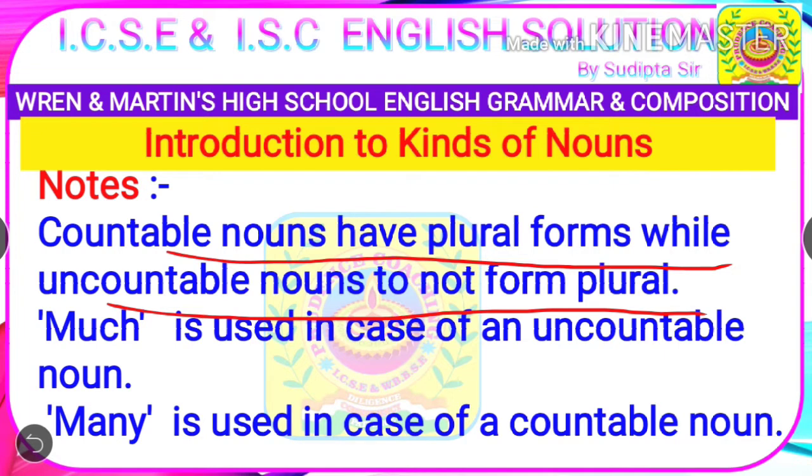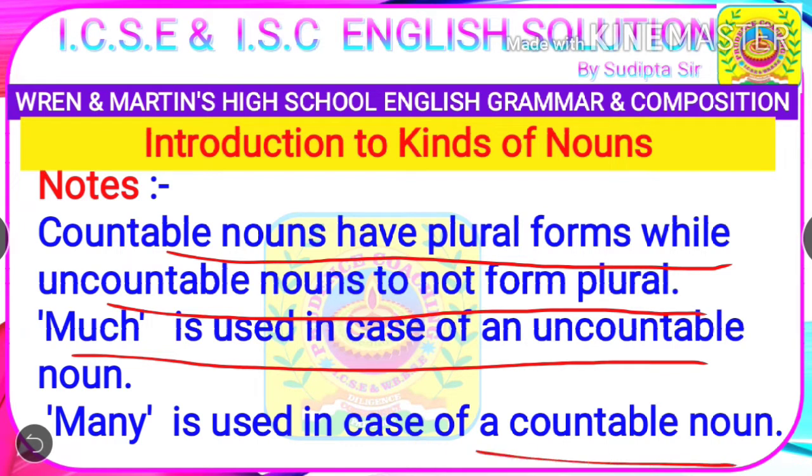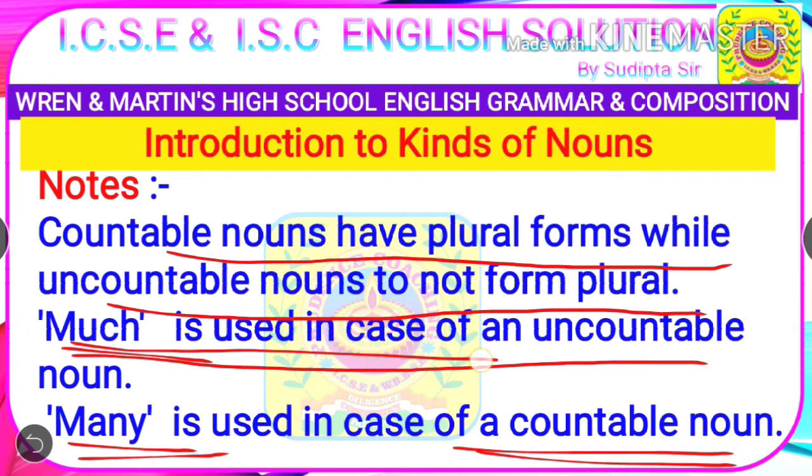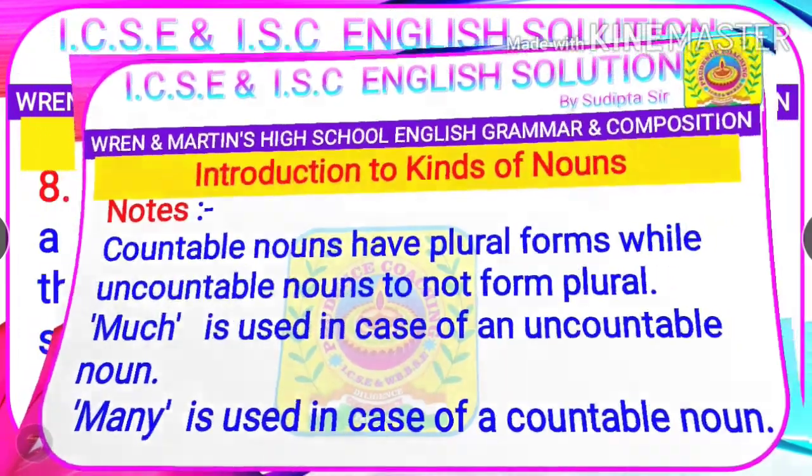That's why they are uncountable nouns. It also says that much is used in the case of an uncountable noun, such as "I don't have much money to buy this food." Many can be used with a countable noun, such as "There are many boys standing over there and enjoying the party." So in this way we can use many and much. Much is used for uncountable nouns and many is used for countable nouns.